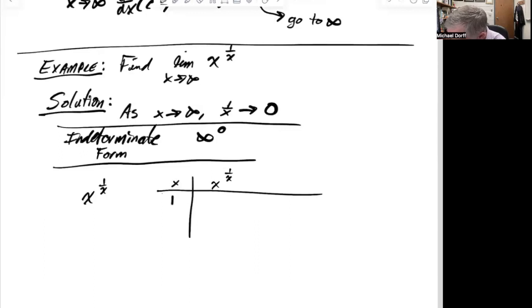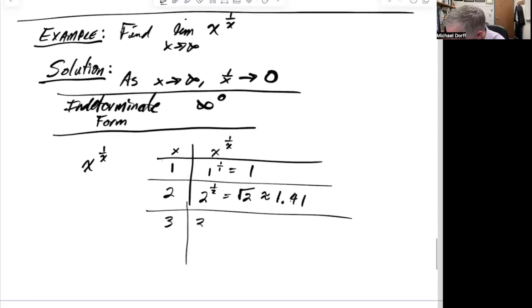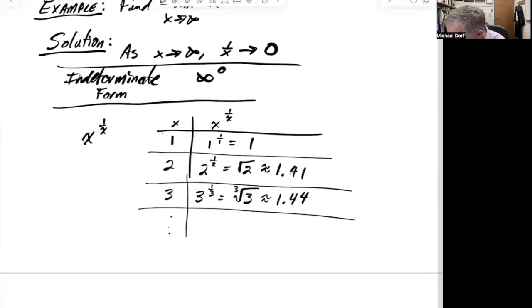If x is 1, then we have 1 to the 1 power, which equals 1. If x is 2, we have 2 to the 1/2 power, which is the square root of 2, which is approximately 1.41. If x is 3, we have 3 to the 1/3 power, which would be the cube root of 3, which is approximately 1.44. Okay, and we could keep doing this.